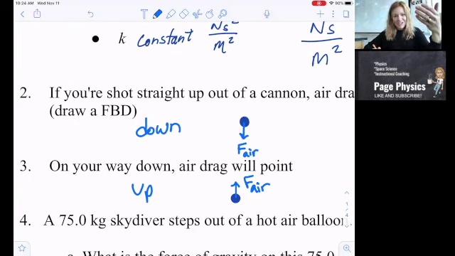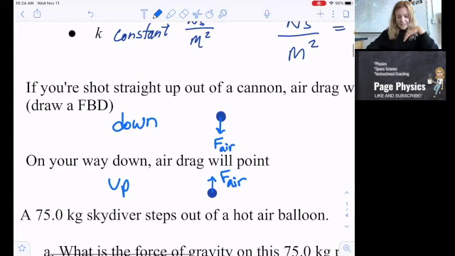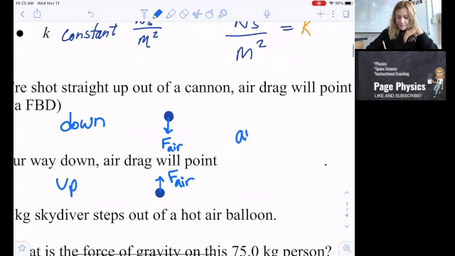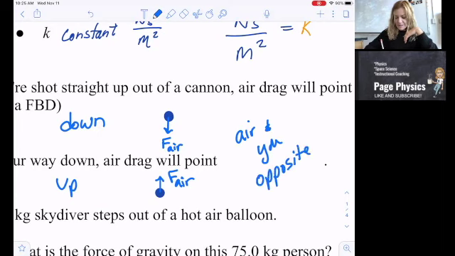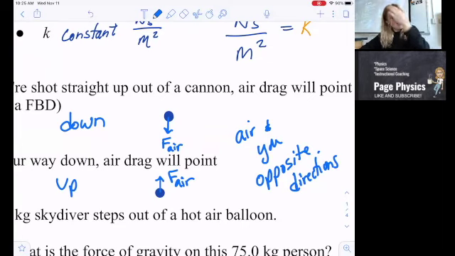On your way down, that changes. If you are going down, the force of air is up. So air drag and you, as the diver, are always going to be in opposite directions. Make sure as you make your way through this three-page document that you keep that in mind.